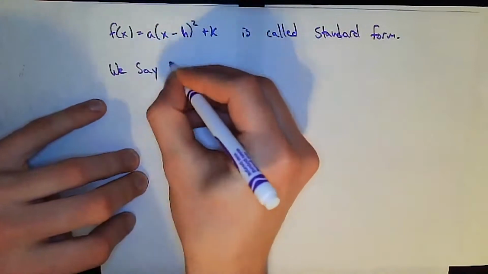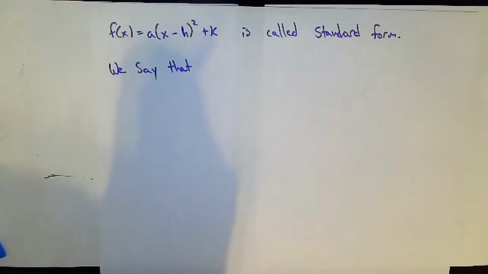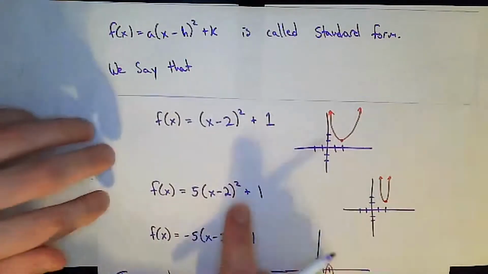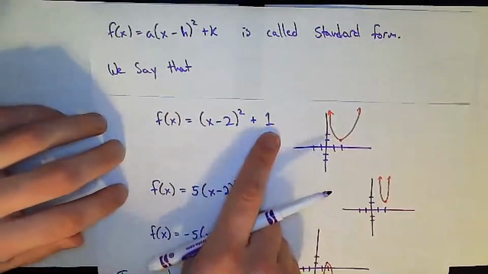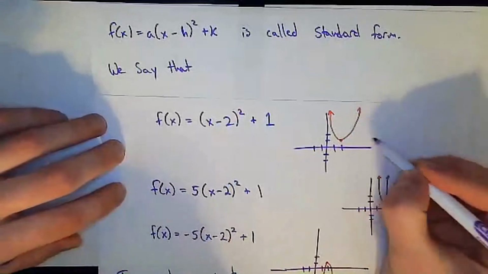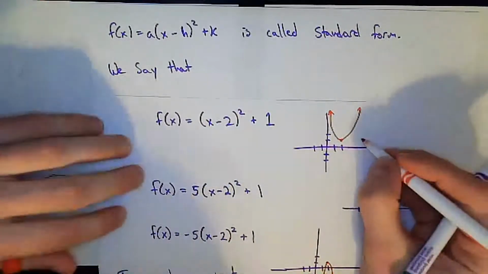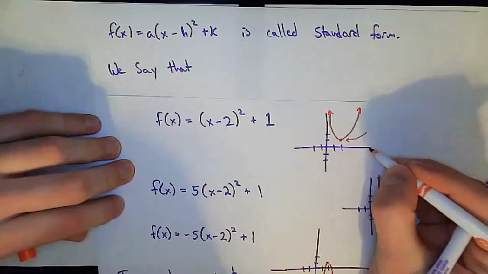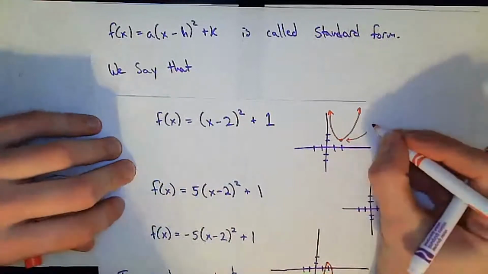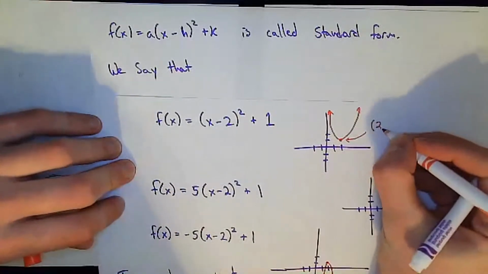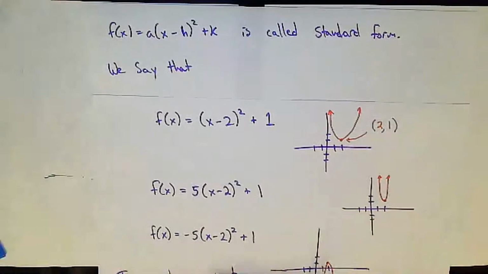Now recall that with these examples back here, just looking at h and k, so ignoring a, tells you what that little point is going to be, what I've been calling the quote unquote starting point of the parabola. So for instance, in this case, that's 2, 1.